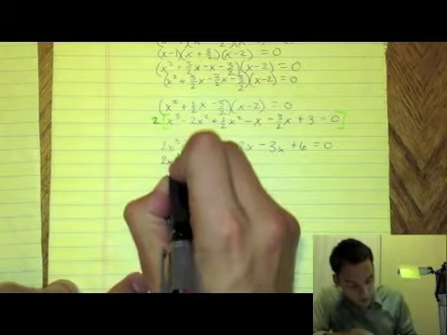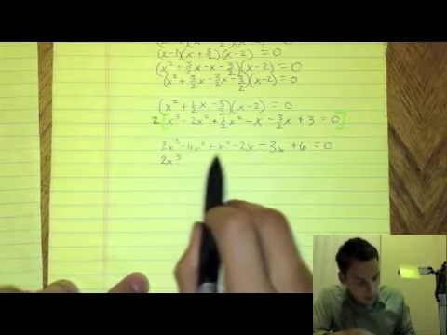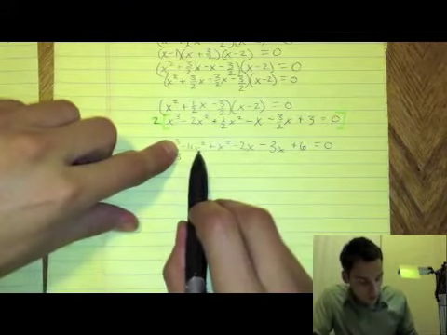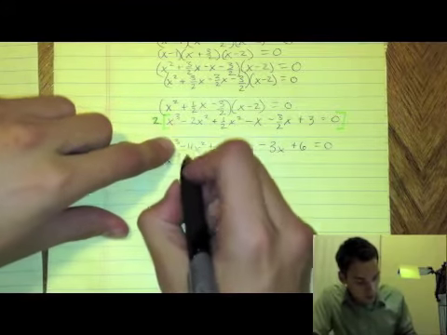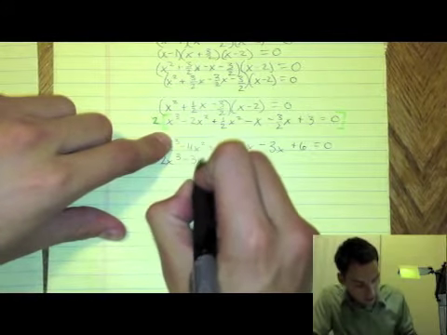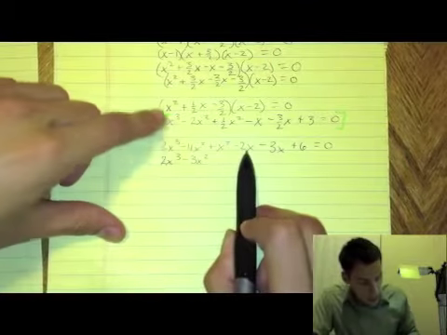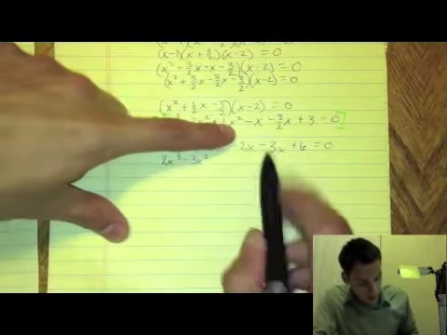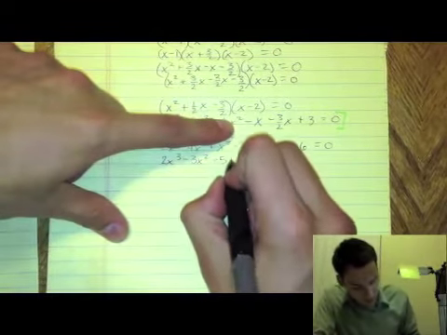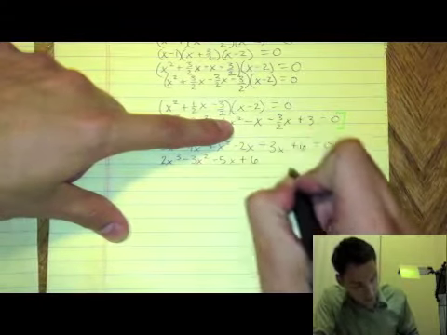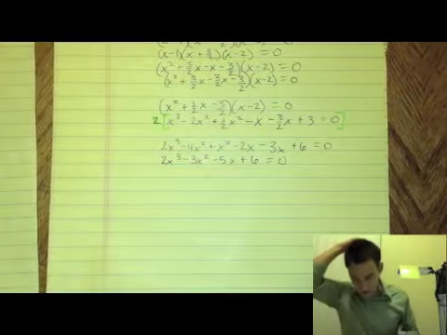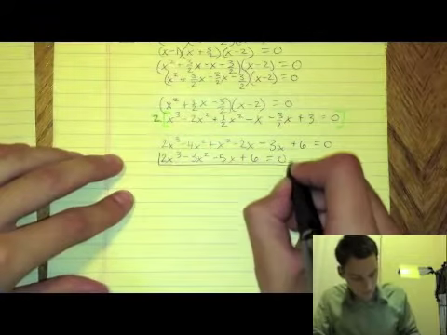Okay, so I'm going to simplify. 2x cubed. Here's a 4x squared and an x squared, so minus 3x squared. And then here's an x and an x, so minus 5x plus 6 equals 0. Is this right? I think it is. Yes, it is.